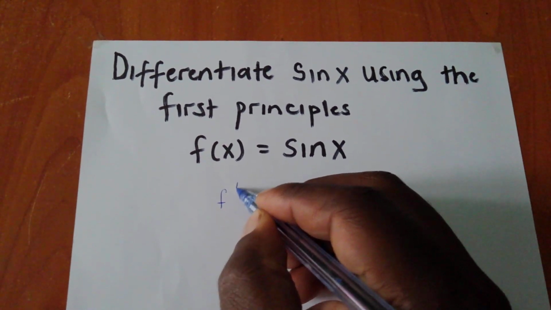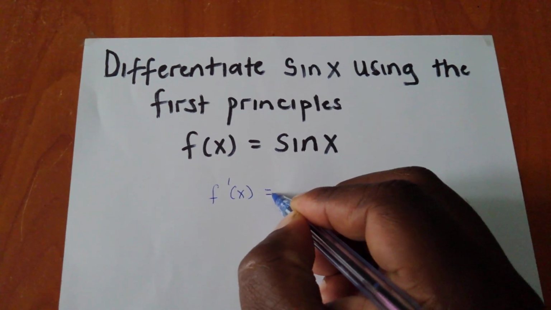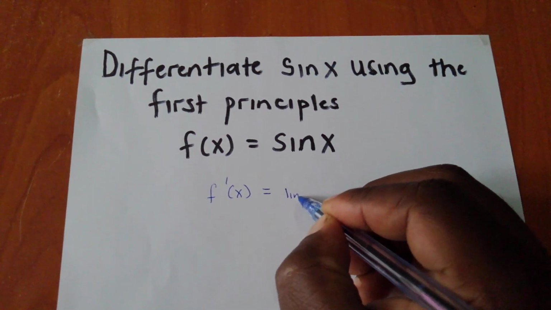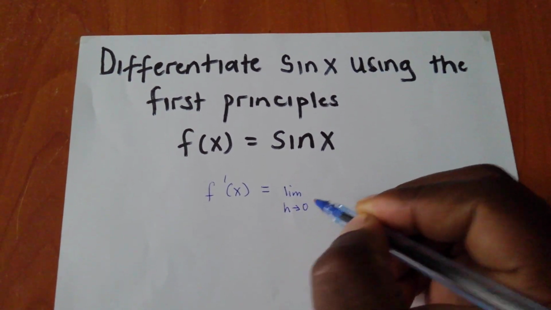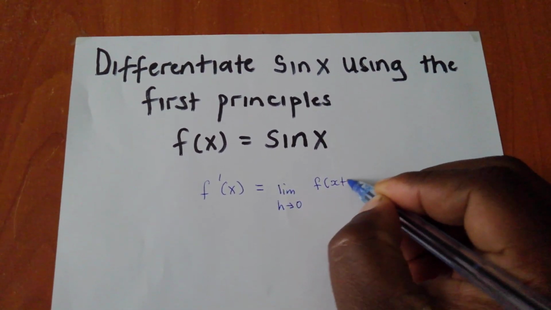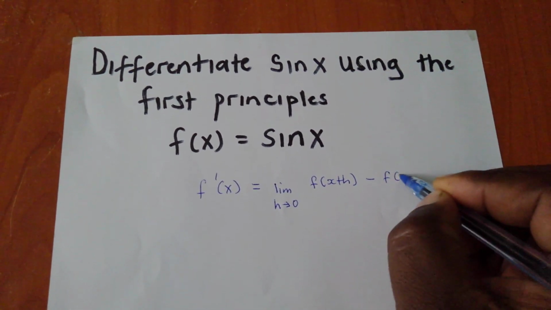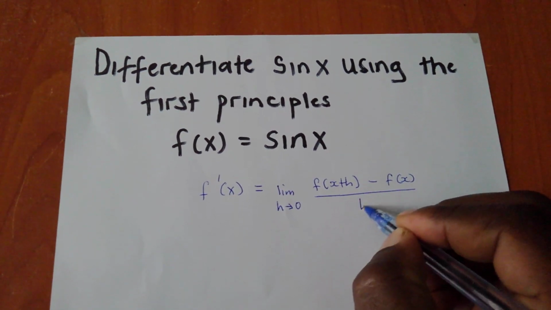f'(x), the first principle formula, is the limit of h tending to 0 of f(x plus h) minus f(x) over h.